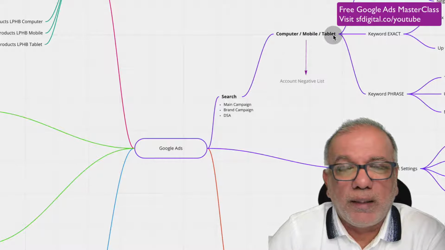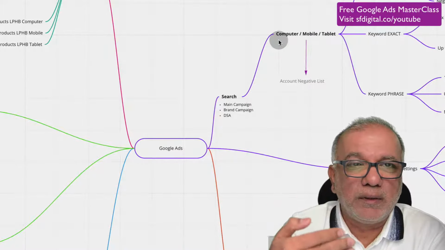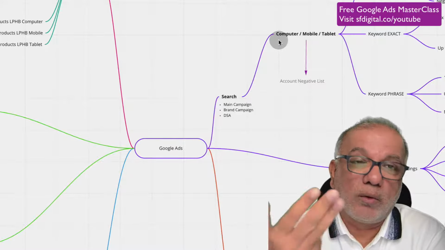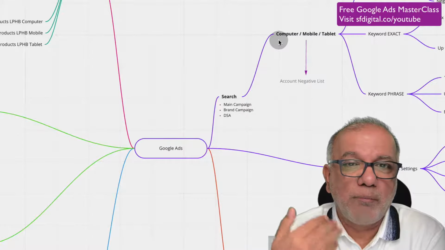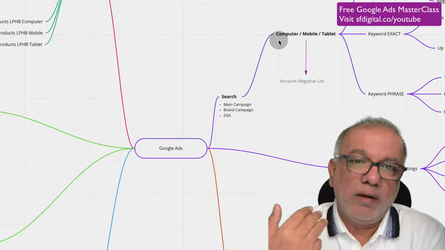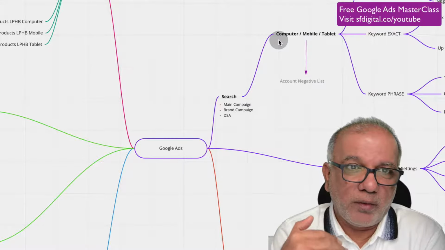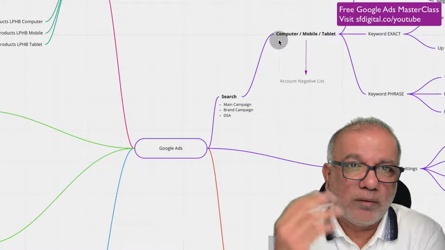computer, mobile, and tablet. So these are by devices. So each campaign is set up 3 times. Now, I know it means more work, or 3 times more work, but you can then bid appropriately at the right device and also allocate the right budget.